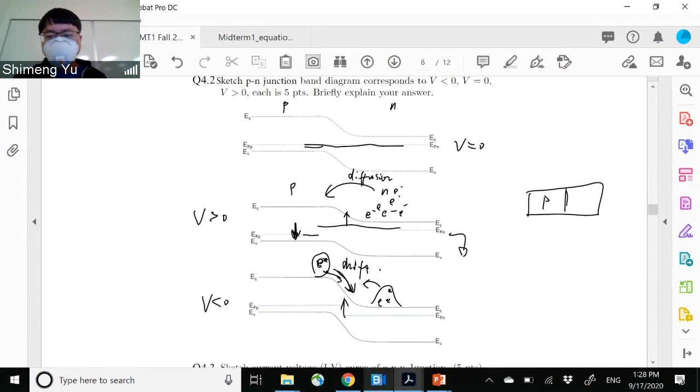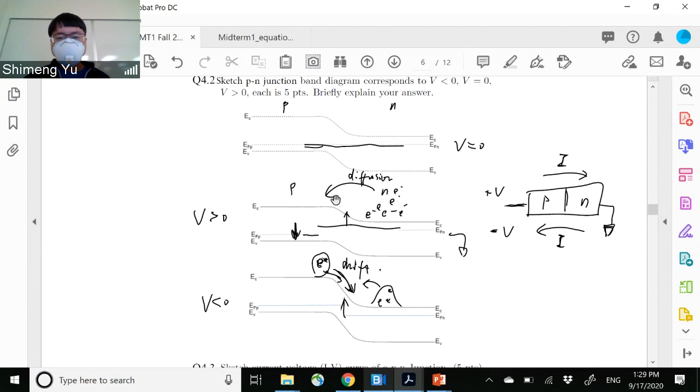So you have your P and N. We always ground the N. If you apply positive voltage, then you have current flowing this way. If you have negative voltage, then current flows this way.